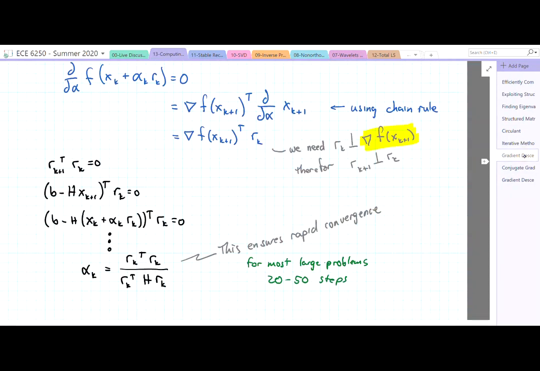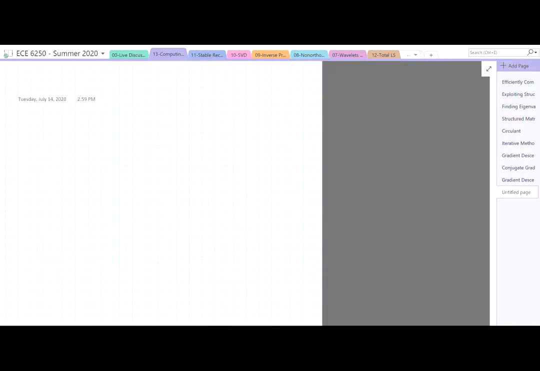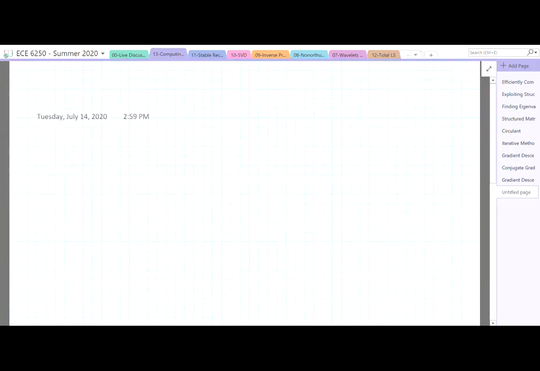And I think I'll step back here and introduce a similar algorithm so we can compare this to our regular steepest descent algorithm. With steepest descent, the algorithm starts out as before.